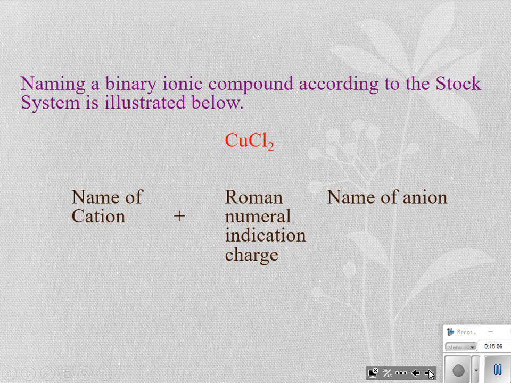Does copper need a Roman numeral? How do you know copper needs a Roman numeral? There are two oxidation states above copper. What are the two oxidation states? 1 and 2. So I could have a copper 1+ charge or a copper 2+ charge. Okay? So I do need a Roman numeral.